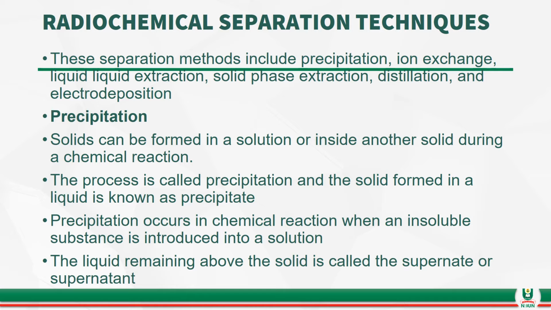Precipitation: solids can be formed in a solution or inside another solid during a chemical reaction. So the process is called precipitation, and the solid formed in a liquid is known as precipitate. Precipitation occurs in a chemical reaction when an insoluble substance is introduced into a solution.